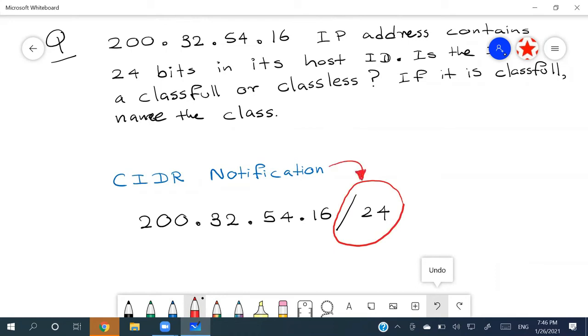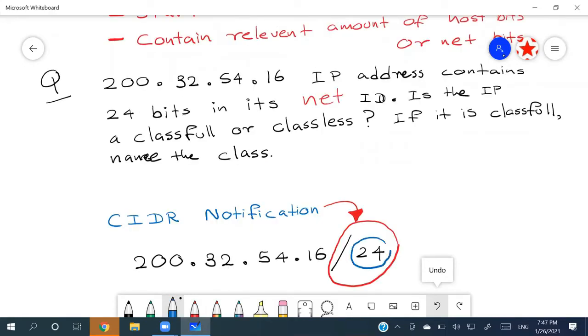And now you can guess what 24 is. This particular number represents how many bits there are in the net ID. Right? So this is what you call CIDR notation.